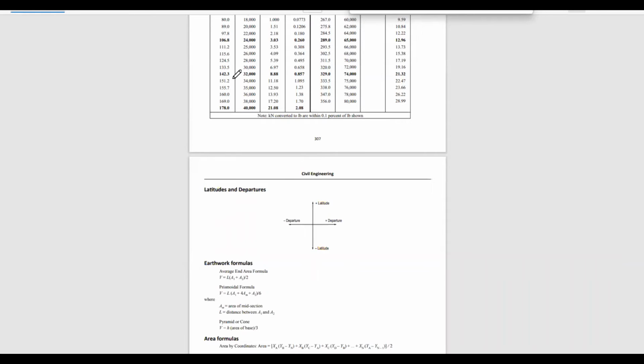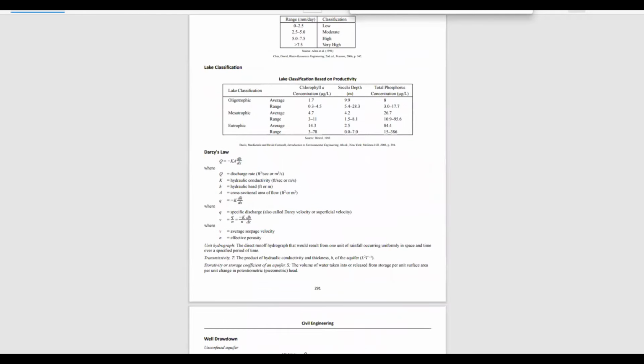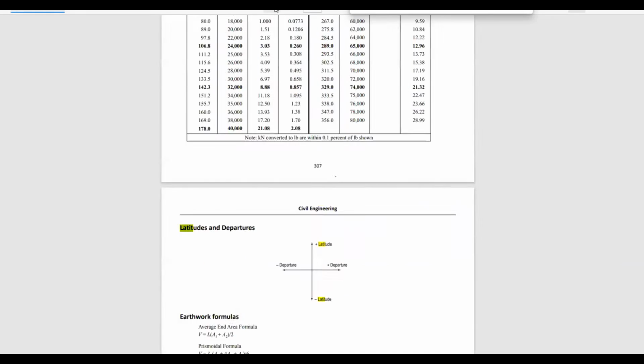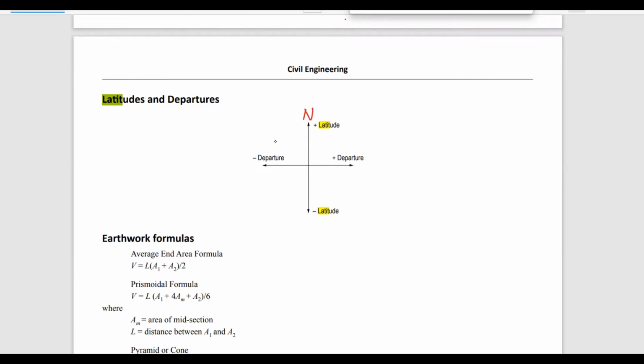If you are anywhere else in the FE Handbook and you just type latitude, it's going to get you straight to this page where you can find the coordinate system with the latitude and departure shown. This is north, this is south, this is west, and this is east. What is important to mention here is that north latitude is positive, east departure is positive, west departure is negative, and south latitude is negative.